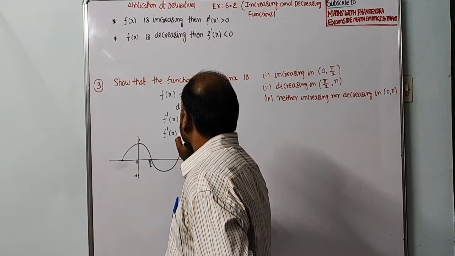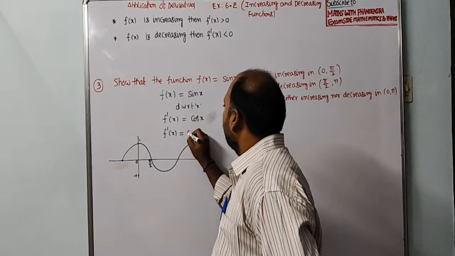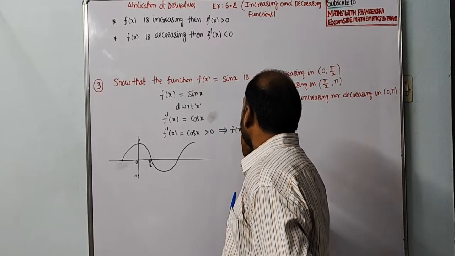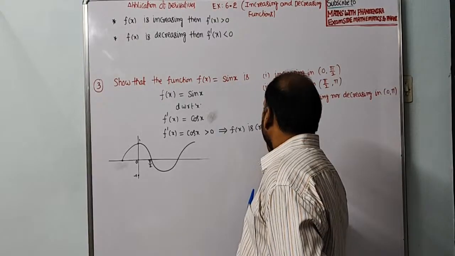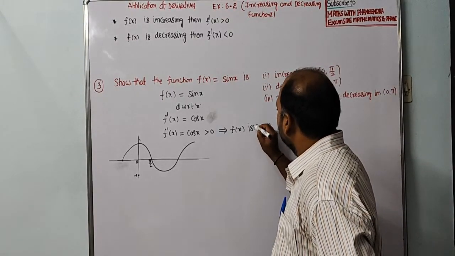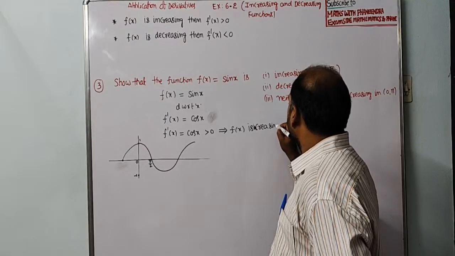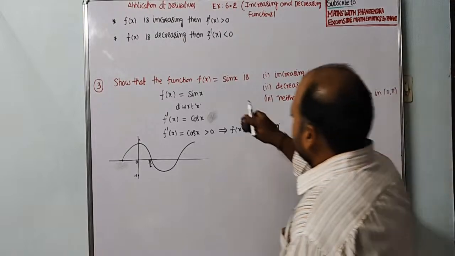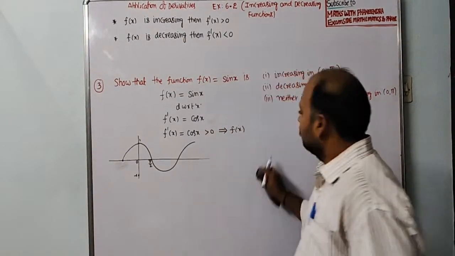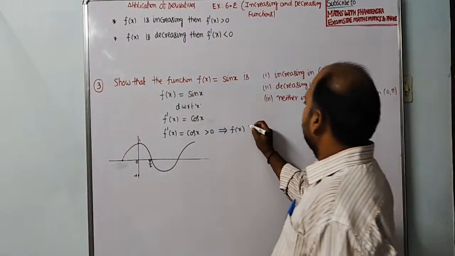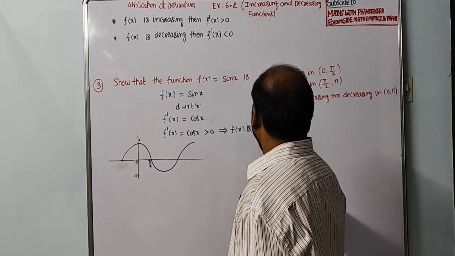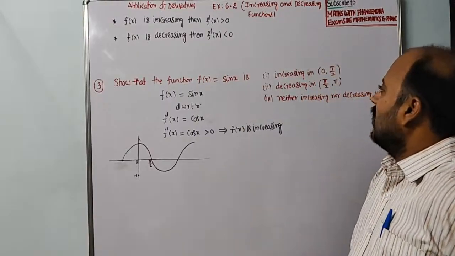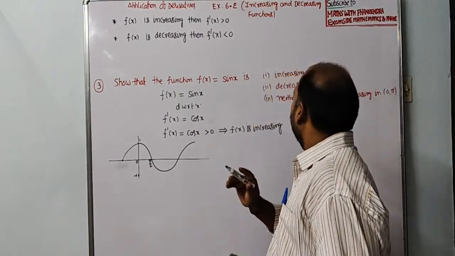F dash of x is equal to cos x, which is greater than 0. That implies f of x is increasing. Cos x is in which quadrants?